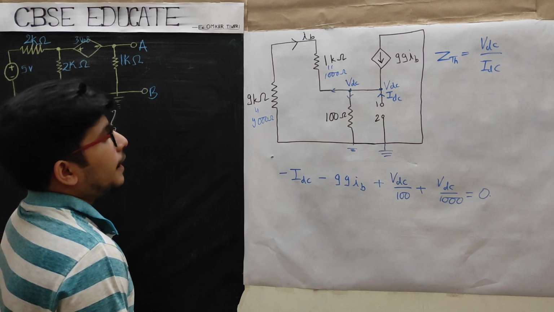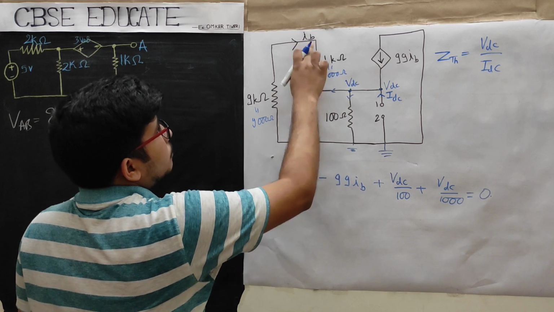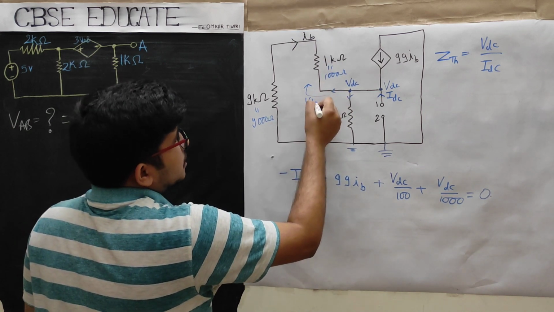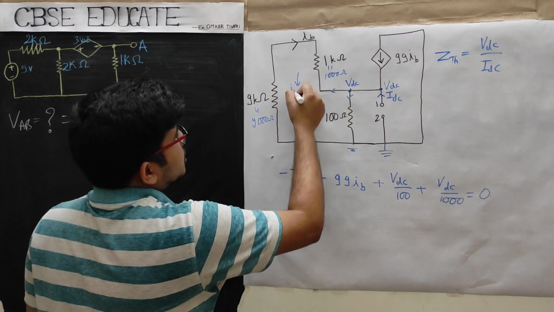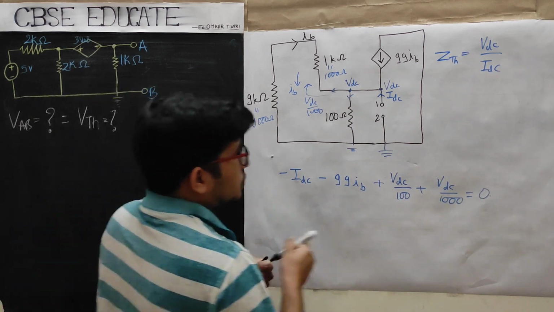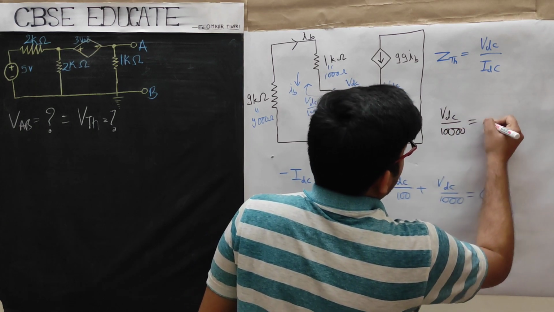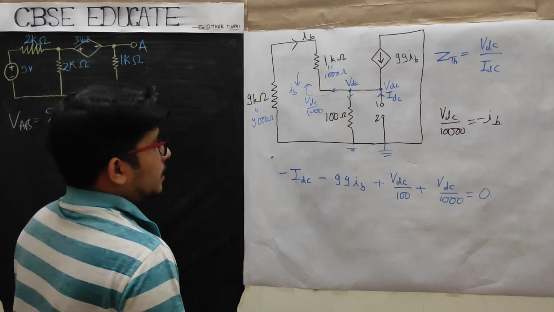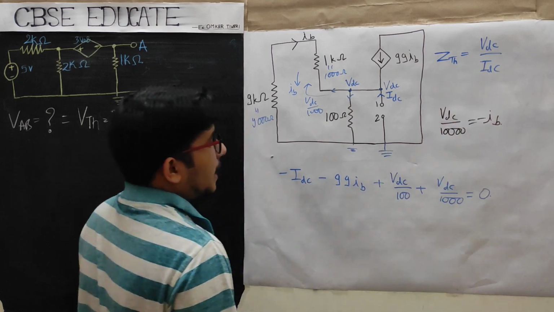Another thing you can get is that this current is also equal to minus of IB. This current is VDC by 10,000, and the same current in the opposite direction is IB. So VDC by 10,000 is also equal to minus of IB. And what you want is ZTH, which is equal to VDC by IDC.